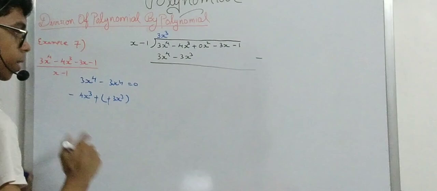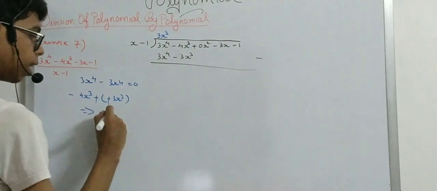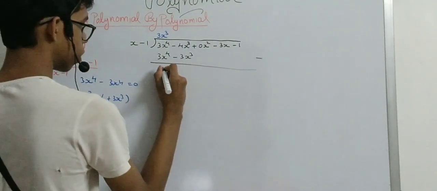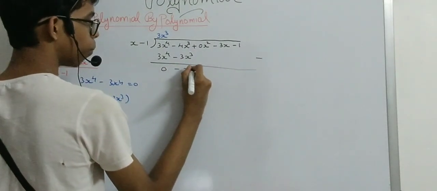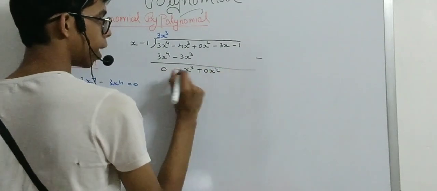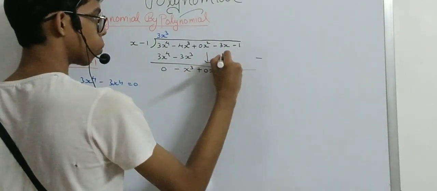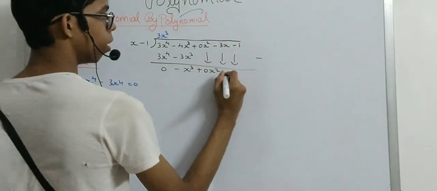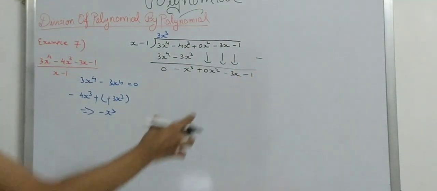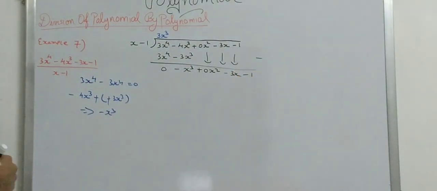So minus 4 plus 3 is what? It is minus x cube, isn't it? So here we will have a 0 and here we will have a minus x cube. Now the rest of the things you can copy down: minus x cube plus 0x square minus 3x minus 1. I just copy down the rest of the terms.